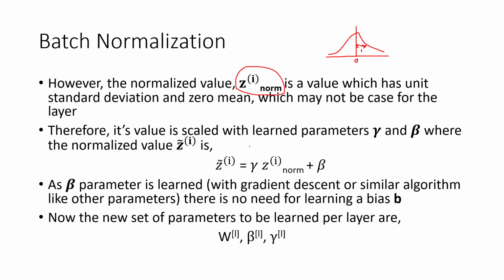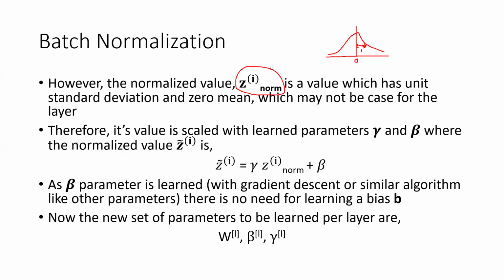But when it comes to the z outputs of a certain layer, these values are not always 0 when it comes to mean, or the standard deviation is also not equal to 1, right?